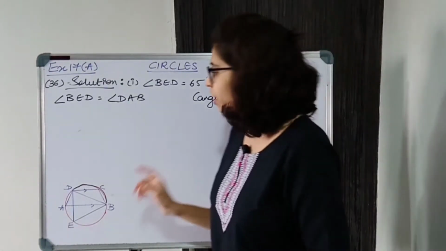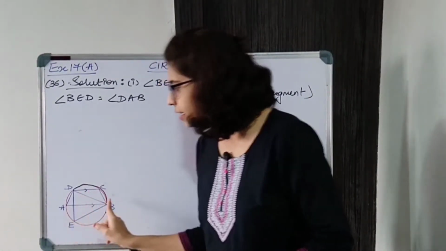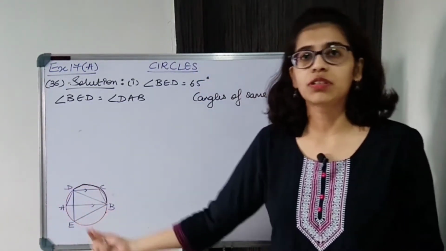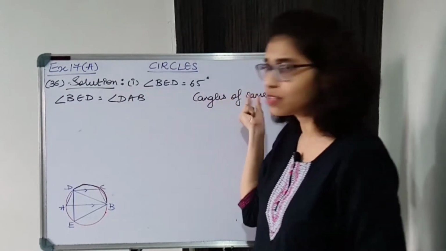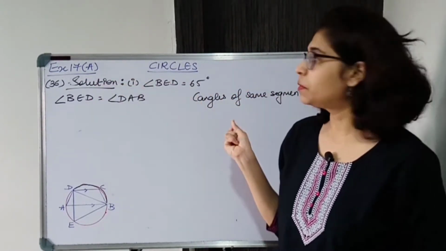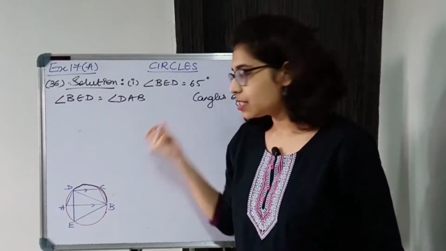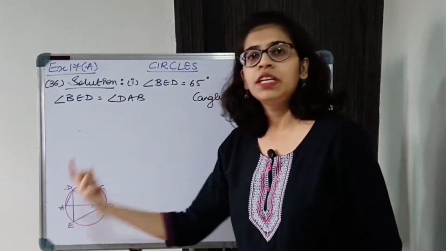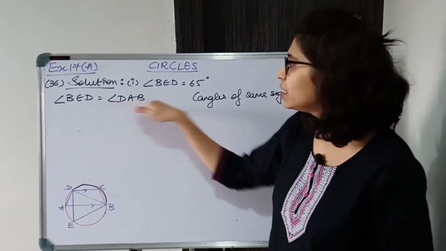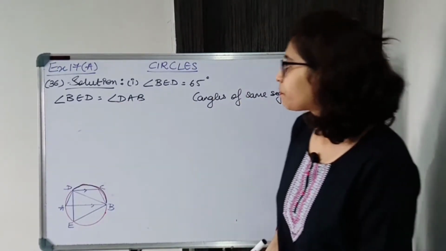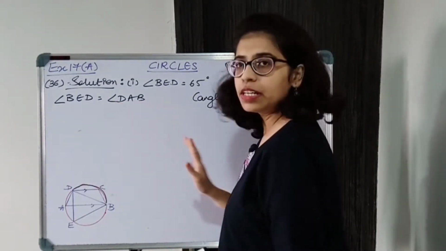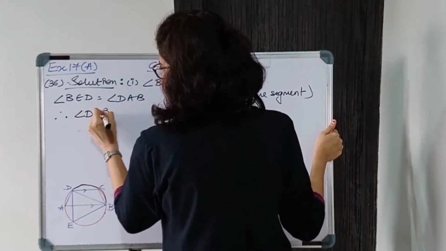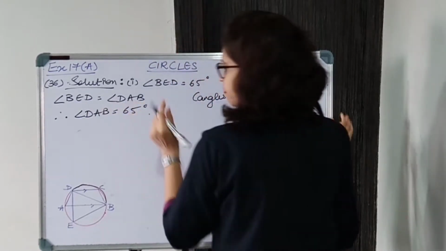Or you can write down angle BED and angle DAB are subtended by the same arc DCB on the circumference of the circle. You can add this as well. I've not added that statement, so you can just add that statement. Angle BED and DAB are subtended by same arc DCB on the circumference of the circle, therefore these angles are equal. Now we got this one, so DAB is equal to 65 degrees.